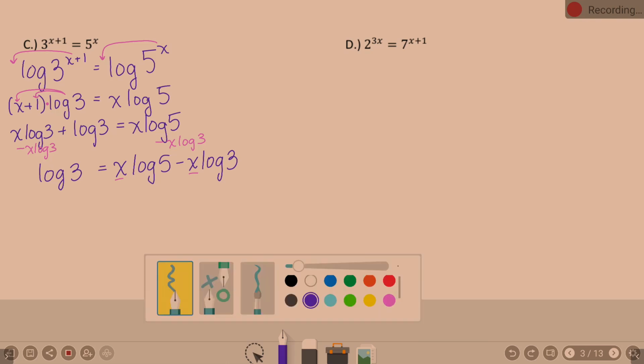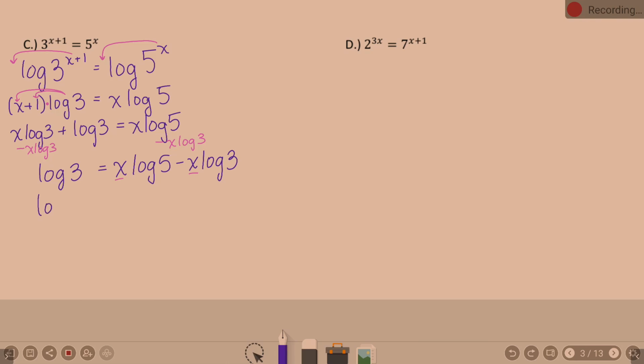So log 3 stays log 3. On the right, because both terms have an x, I'm going to factor that x out. So I'm going to put the x out front. What remains when I factor the x out? Log 5 minus log 3. Okay, guys, home stretch. On the right, that is x times what's in the parentheses, yes? Okay, don't get hung up by the ugliness of it.